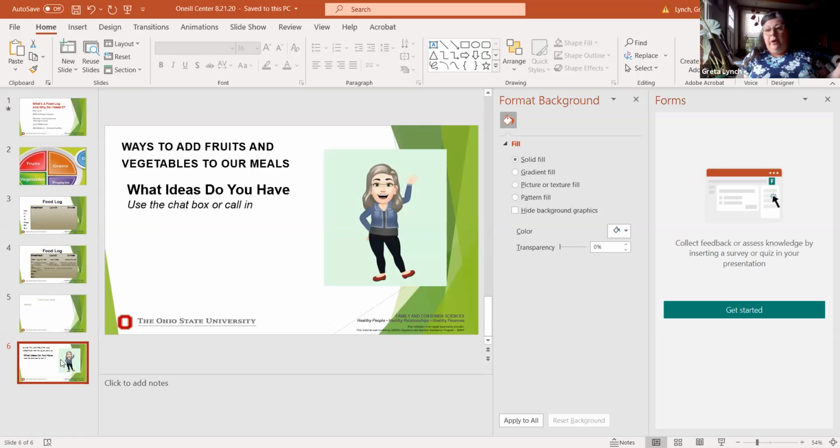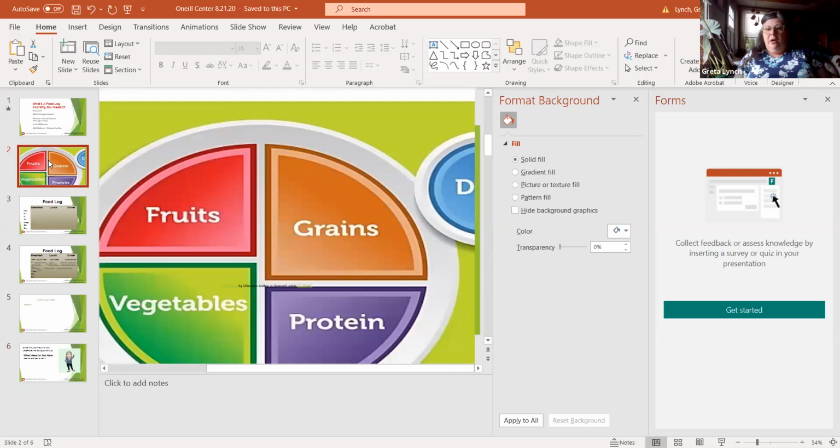So for example, if you had eaten ice cream, then you would know you had some dairy that day. So you should put that down, whatever your desserts are. I think it's really important for us to understand where our foods fall into which food groups. So let's back up here to the picture of my plate. What are some other common snacks that you guys like to have?